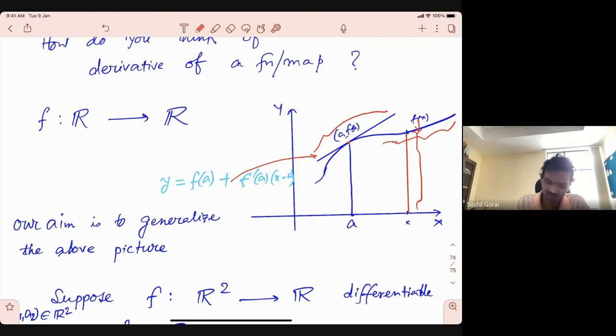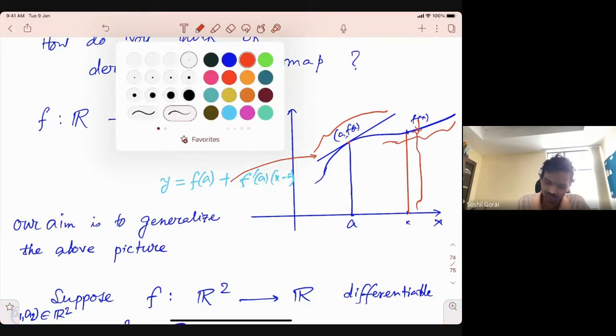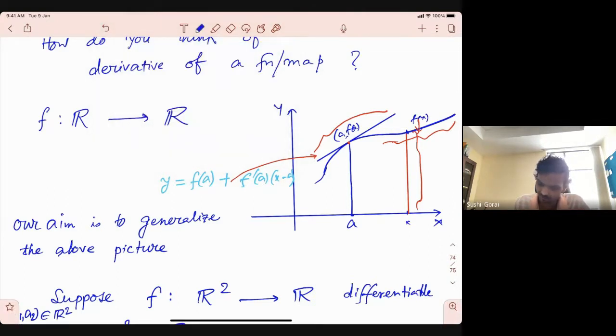Graph of f. Yes, sir. In R2. So if you write this as a set, I want to write it in set form, what is it? The set of (x, f of x).